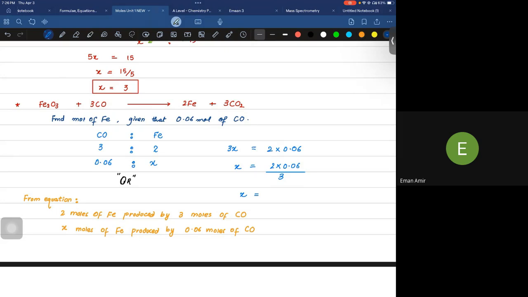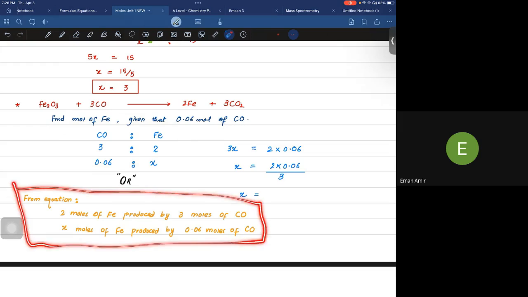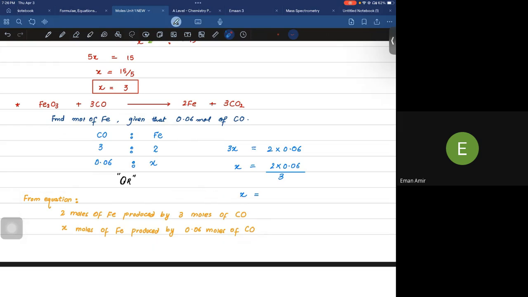So it's a shortcut. If you want to write these wordings, it's also good. It's up to you. After cross multiplying, of course, the x would be equal to the moles of Fe. This is called stoichiometry.